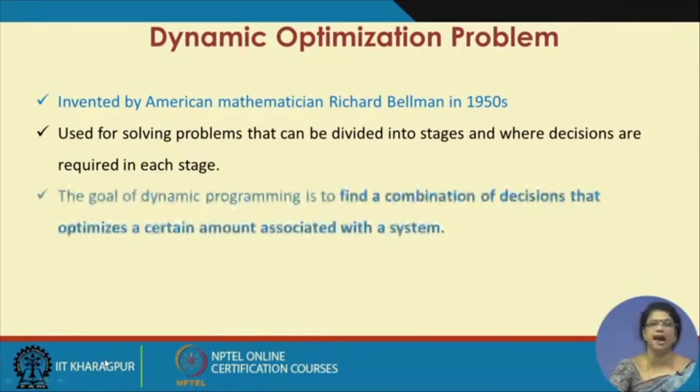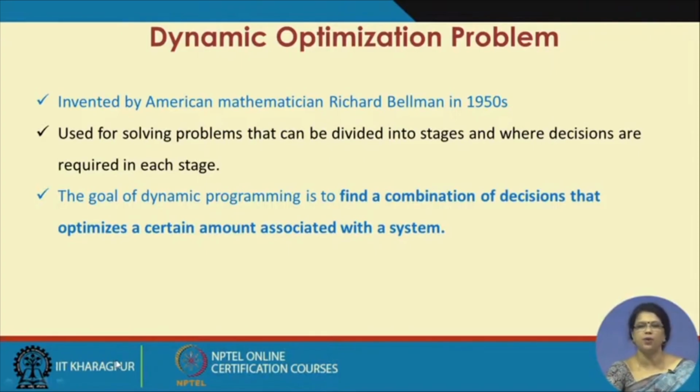Now, the stages are connected in a sequence: the first stage, then the second stage, then the third stage, in that way. Whatever the output of the first stage is, it will go as the input of the second stage, and whatever the output of the second stage is, that will go as the input of the third stage. In this way it will go.